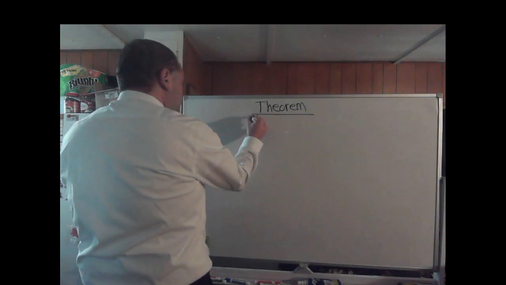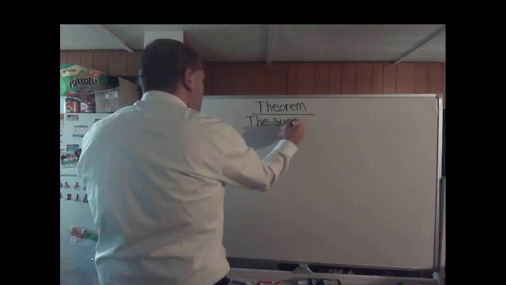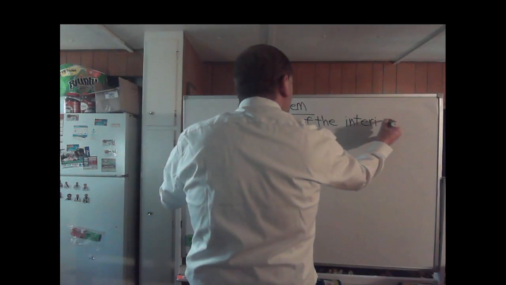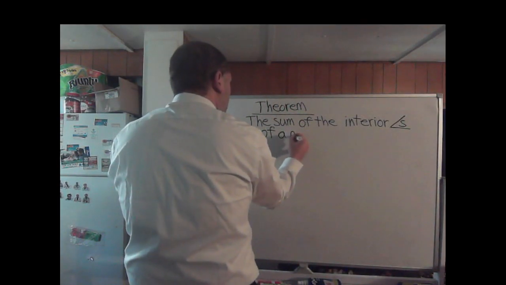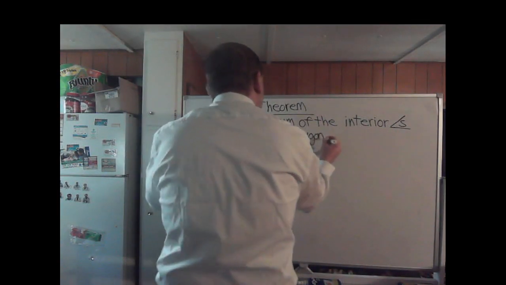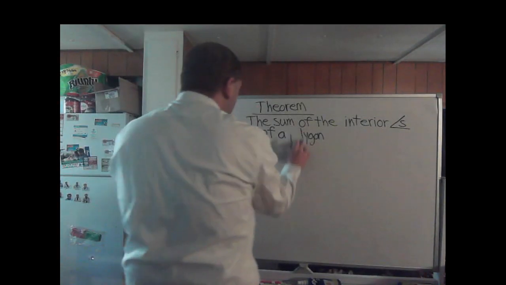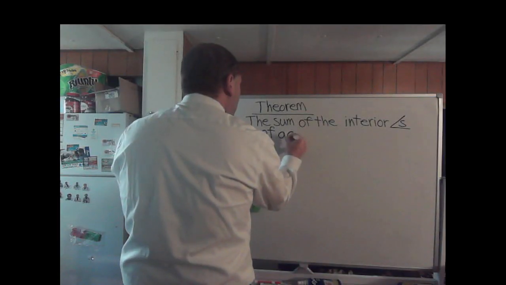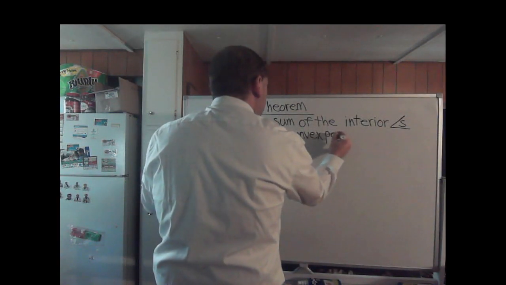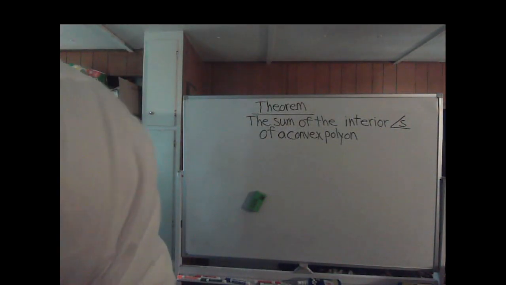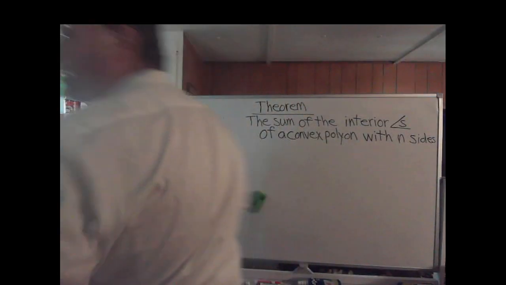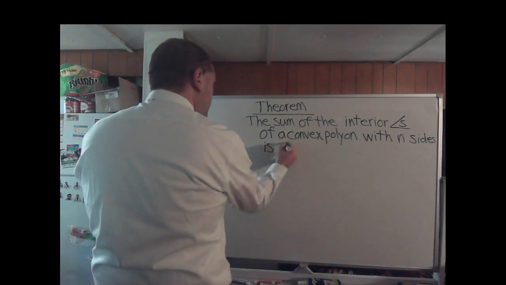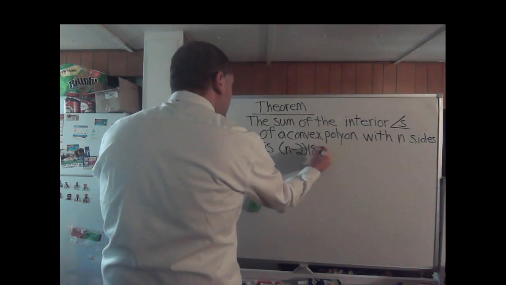So, this one states that the sum of the interior angles of a convex polygon, actually, can't just say polygon, it's got to be a convex polygon, of a convex polygon with n sides is n minus 2 times 180 degrees.